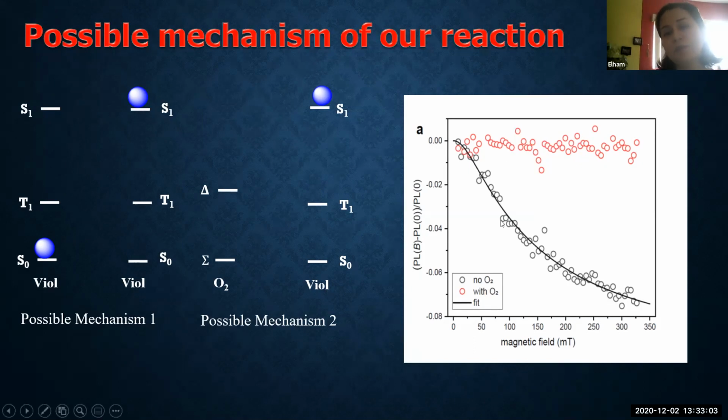So we did this experiment once without oxygen and once with oxygen, and surprisingly, we noticed that when we have oxygen inside our samples, there is no TTA apparently anymore. Because we didn't see any change in the PL, the delta PL is constant, and so we concluded that the second mechanism must be correct for when we have oxygen inside.